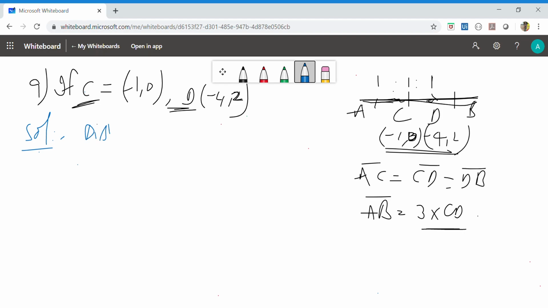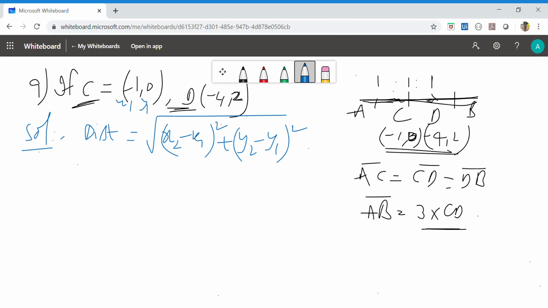Distance between any 2 points of a line joining the 2 points in a plane is nothing but the distance formula, which is root of x2 minus x1 whole square plus y2 minus y1 whole square. So this is x1 y1 and this is x2 y2.